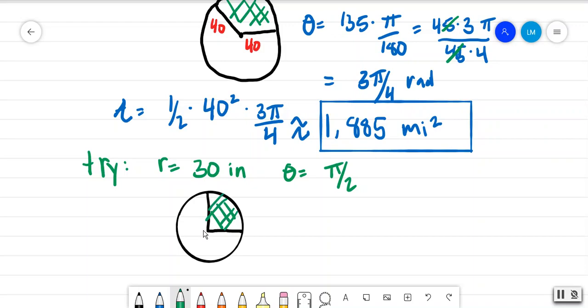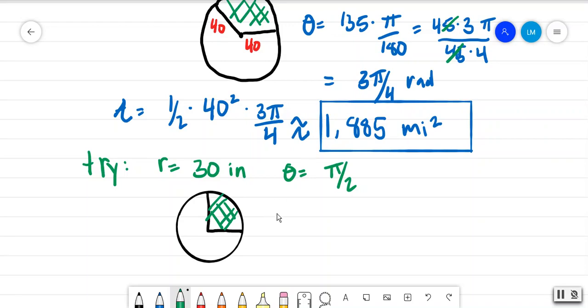Now, if you think about it, the area is really just pi r squared, but in this case it's only a quarter of it. So it works itself out if you do it this way.